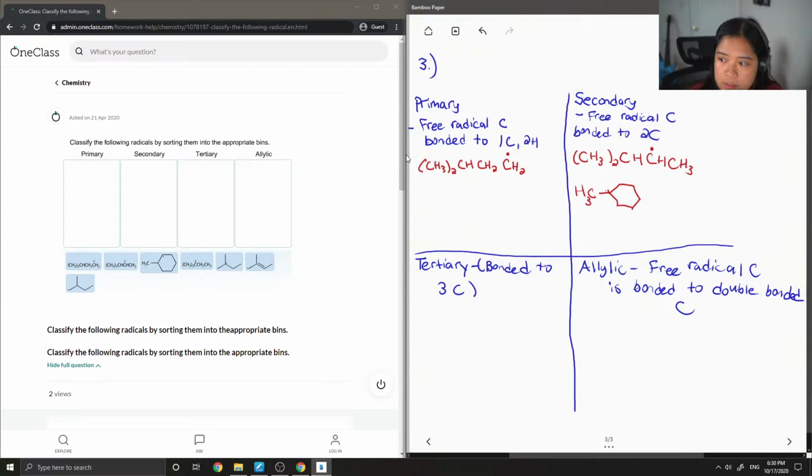It's only bonded to 2 carbons, 1 hydrogen. Then let's look at the fourth one, which is tertiary. So you can see it's bonded to 3 carbons, no hydrogens.